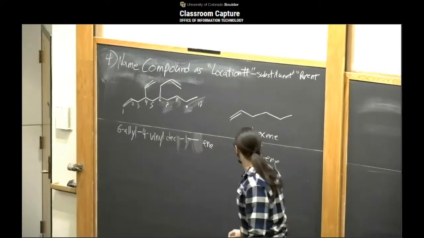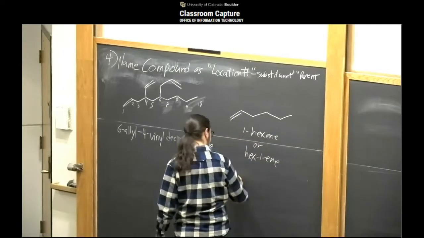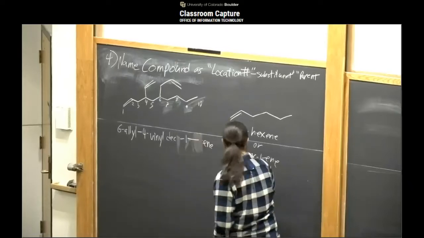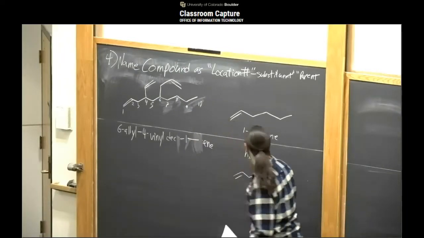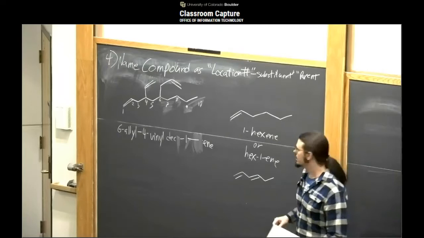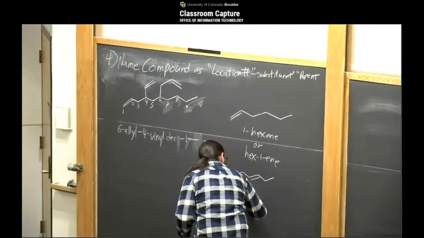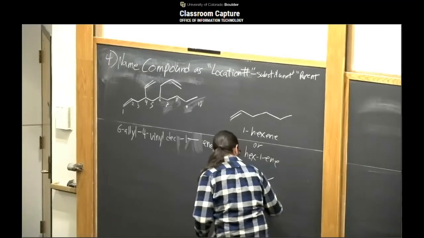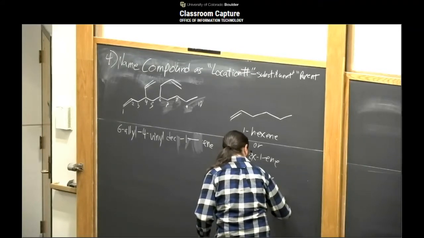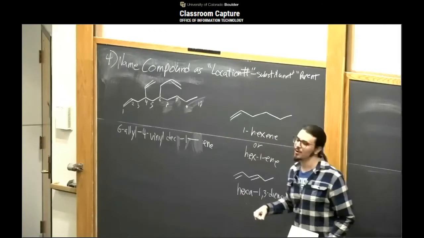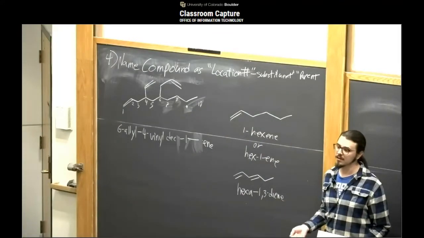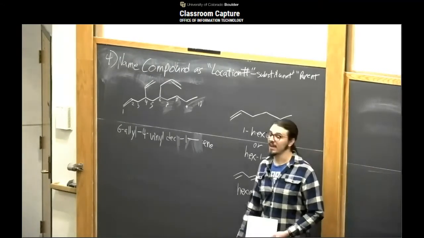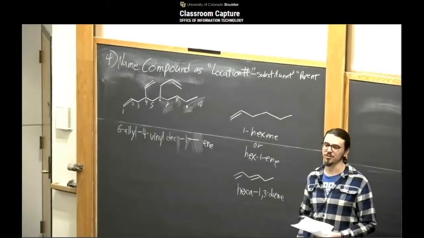And if we made a diene related to this one, we have alkenes at 1 and 3. So this is where we do have the a in here. So you don't need the a if you have a monoalkene. If you have a diene or a triene, then you will want to include the a. Any others before I move on to rings?